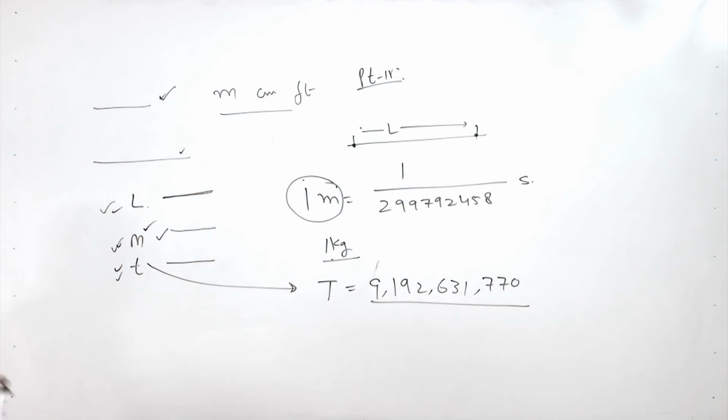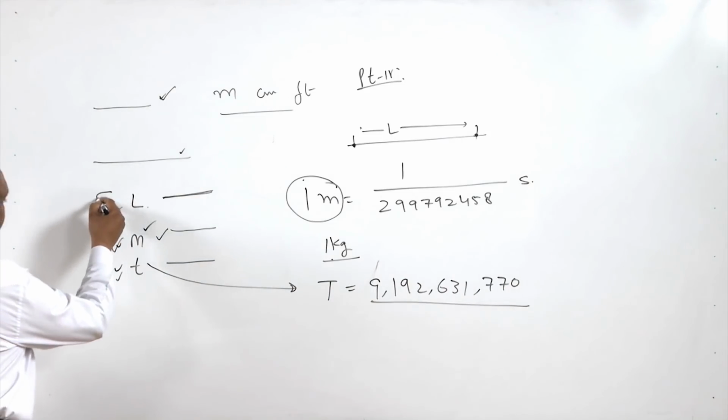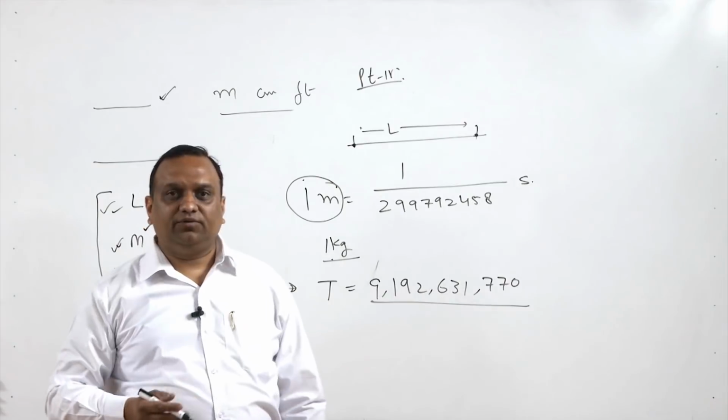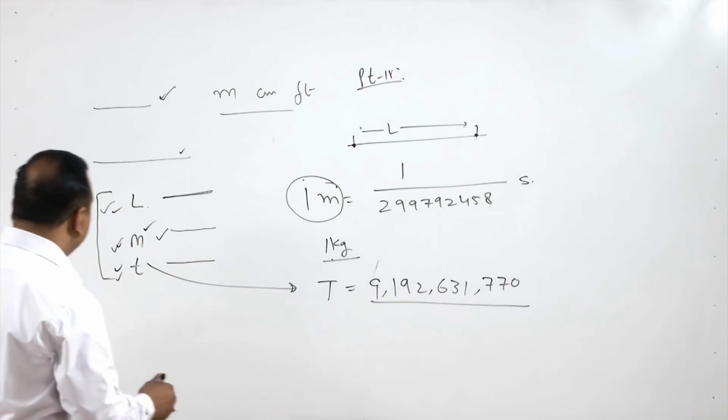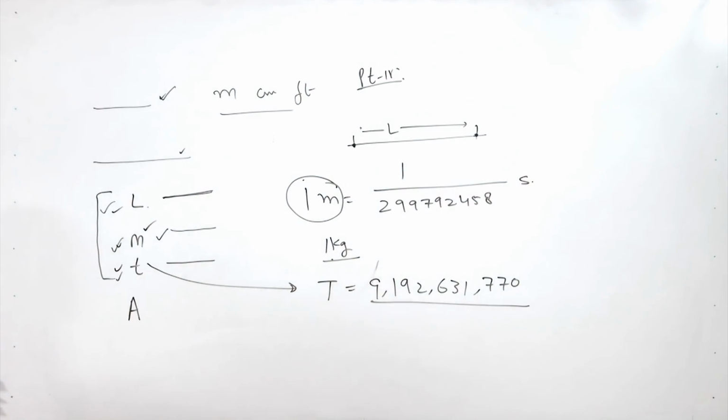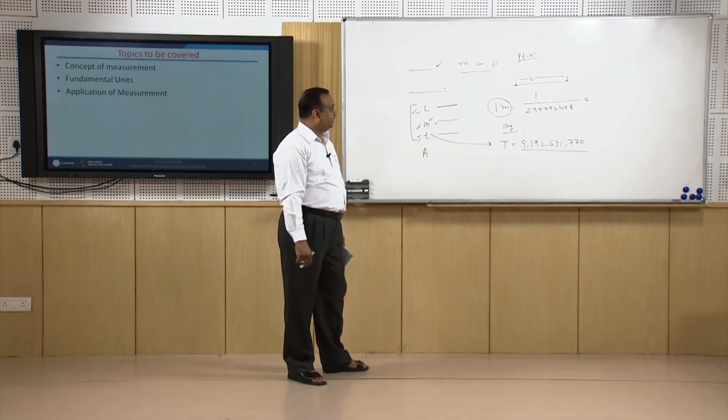But now, because these are old fundamental units, more units are added to them, and one of these units is the ampere, the measurement of current.